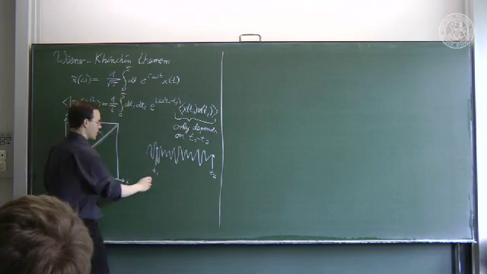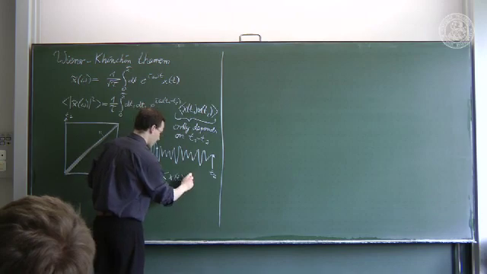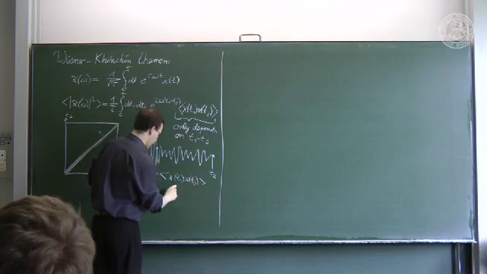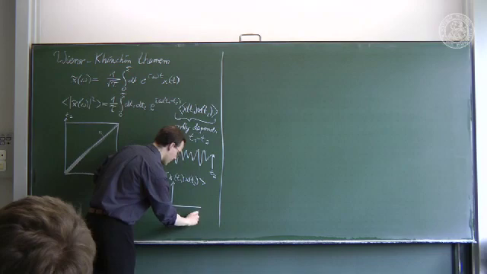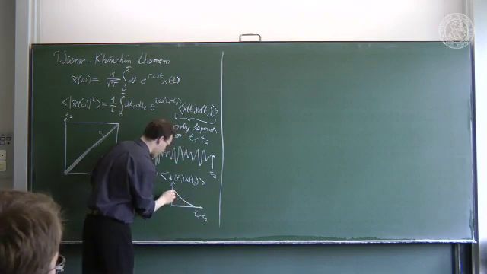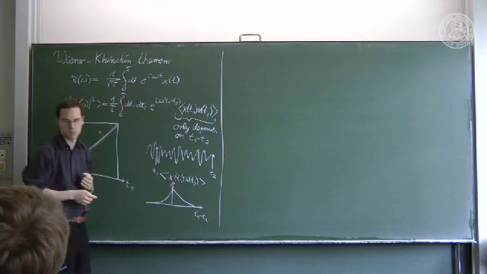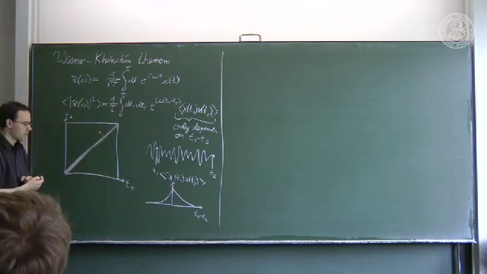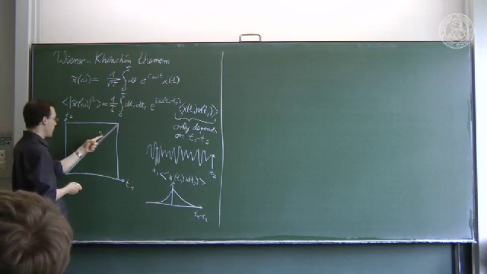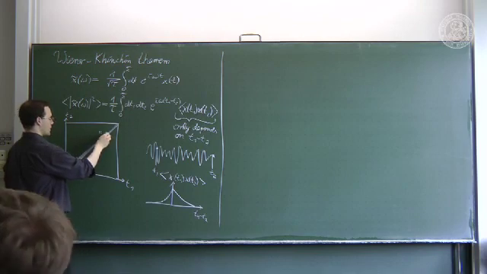So that is the typical behavior if I plot x of T1, x of T2 versus the difference in time coordinates. I just get some decay, and in the simplest case, say, it would be exponential. And so if I move away from the diagonal, the correlator decays.